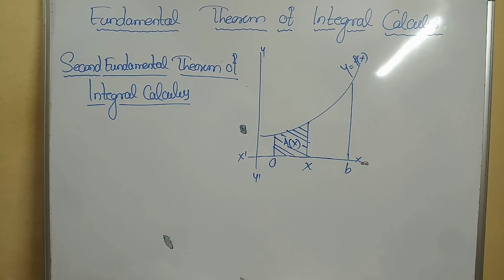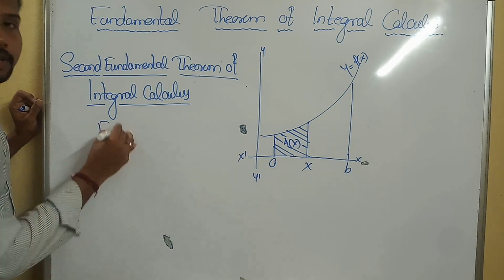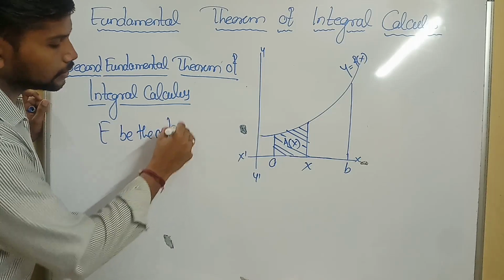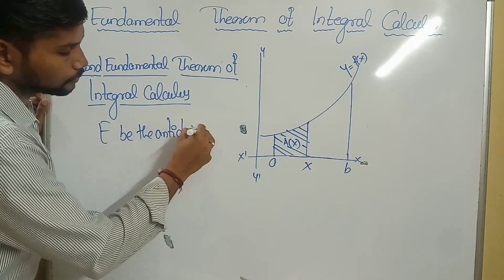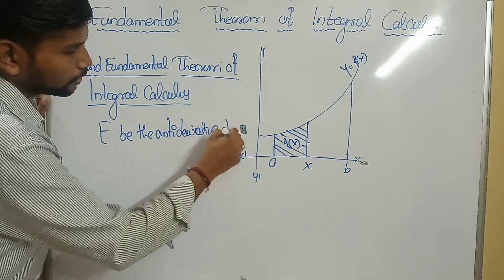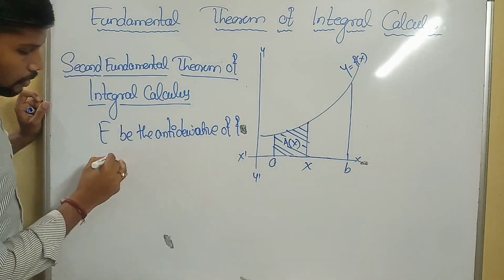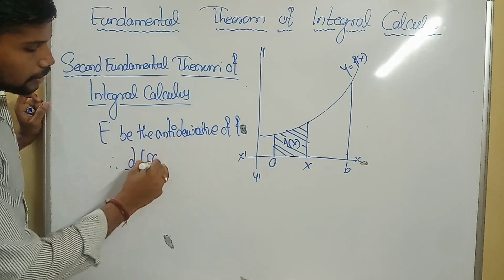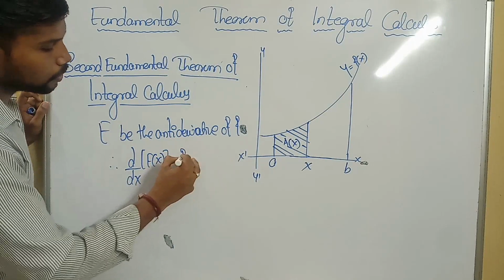Now, the second fundamental theorem of integral calculus says that f is a continuous function on the closed interval a, b, and capital F is an antiderivative of small f. This means d by dx of capital F of x will be small f of x.